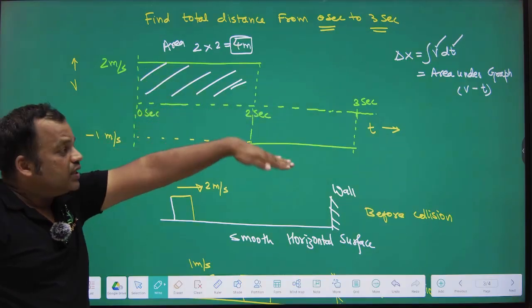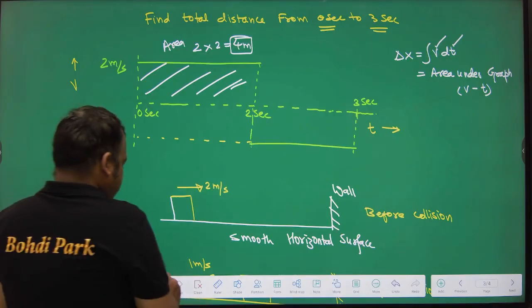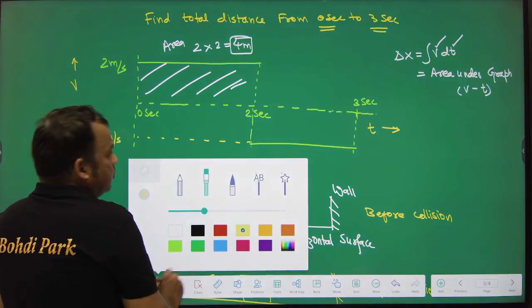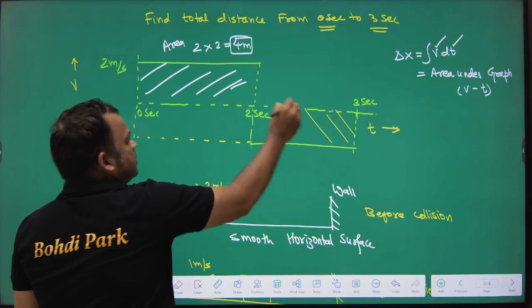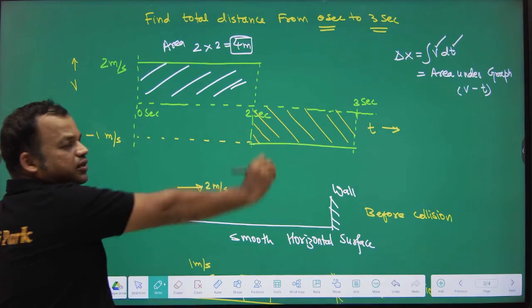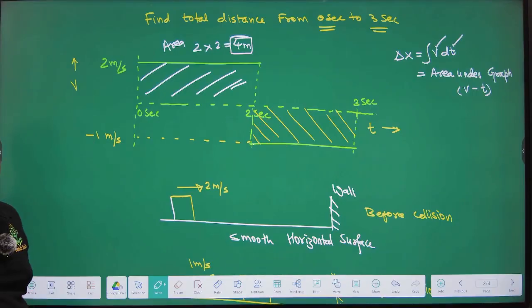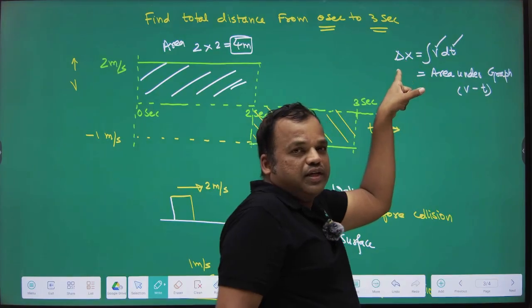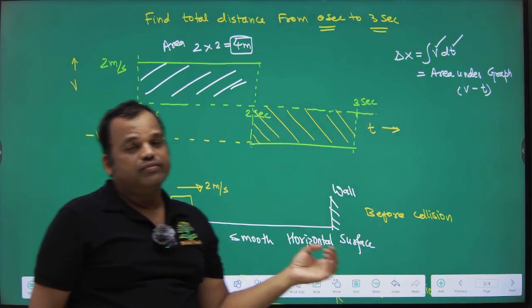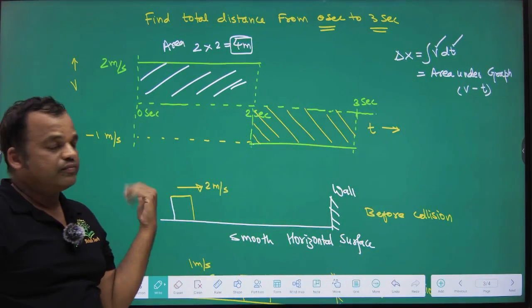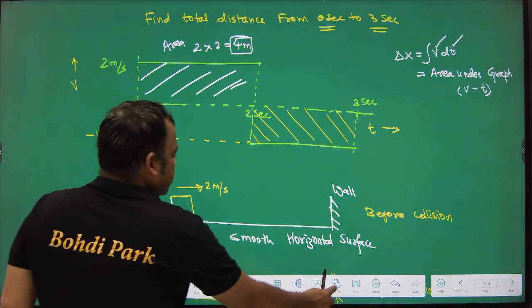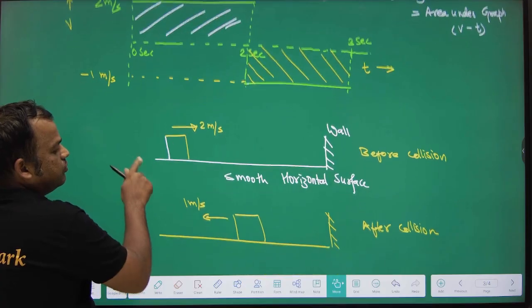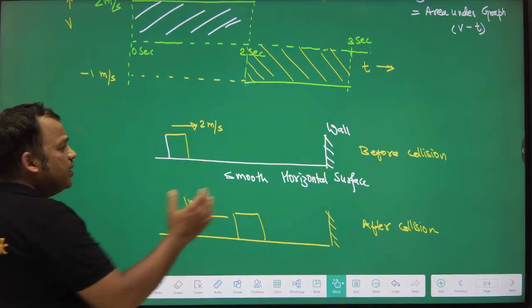Now the below time axis, the area is negative. Now the question is why? Why this area is negative? Because we know that the area under the graph is displacement. So when displacement is negative, we have to take negative area. So let's go back to this example of block hitting the wall.